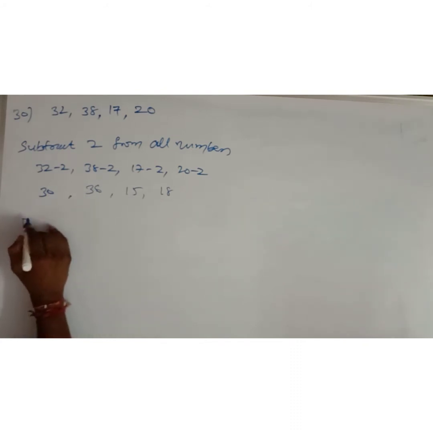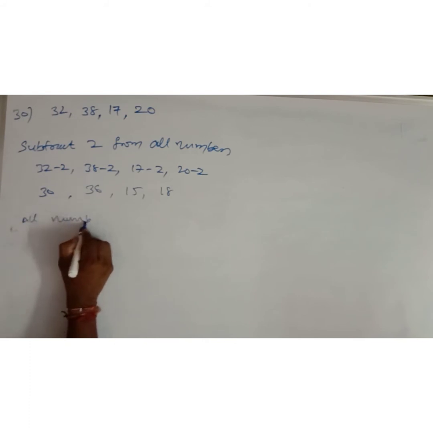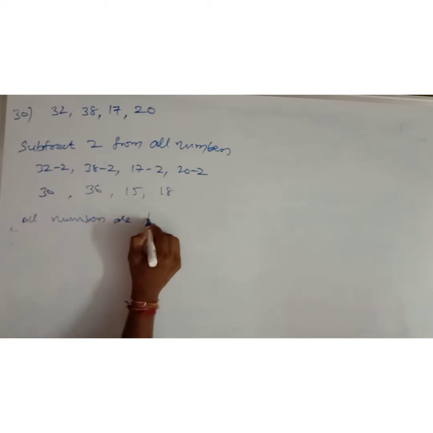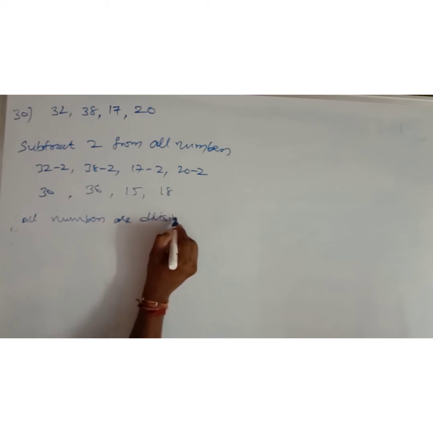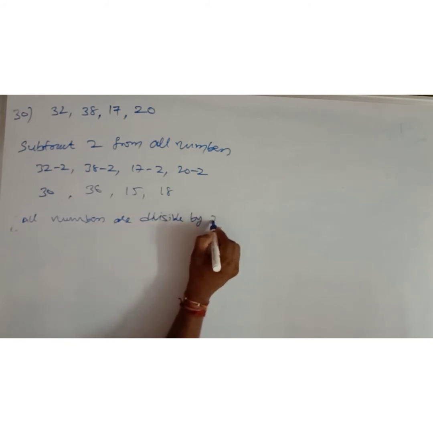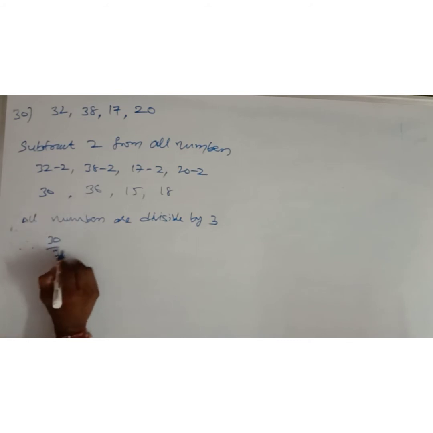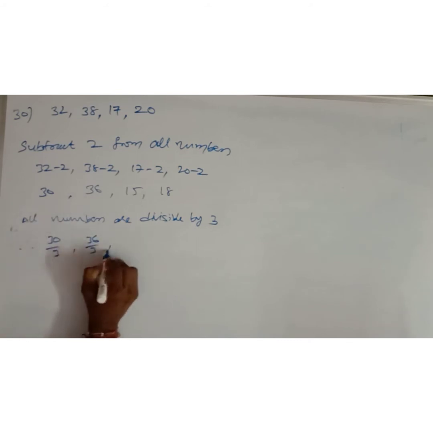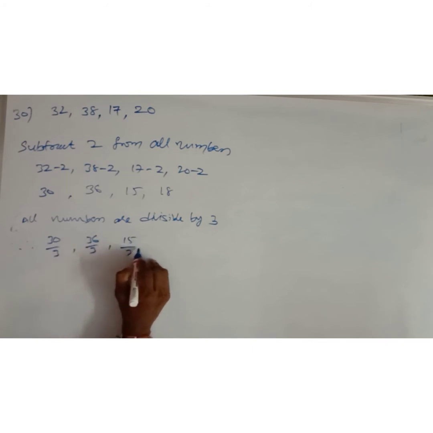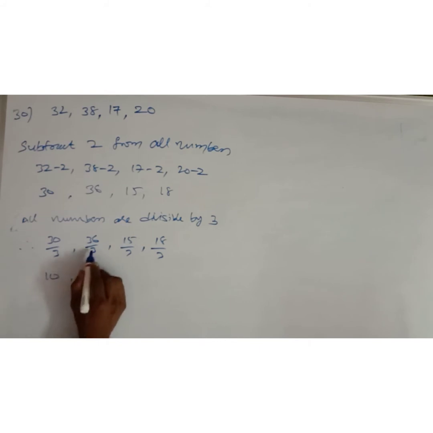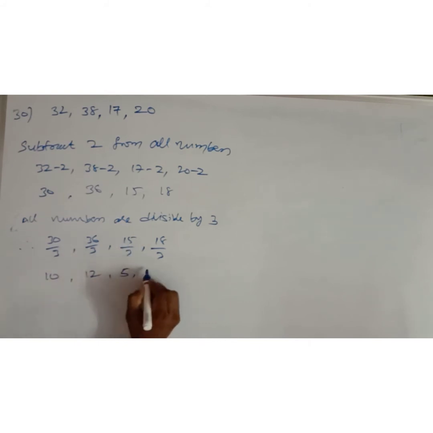See here, all numbers are divisible by 3. So 30 by 3, 36 by 3, 15 by 3, 18 by 3. 30 by 3 is 10, 36 by 3 is 12, 15 by 3 is 5, 18 by 3 is 6.